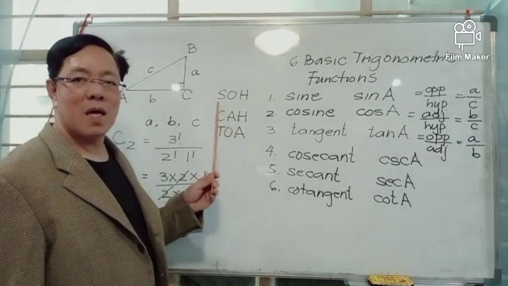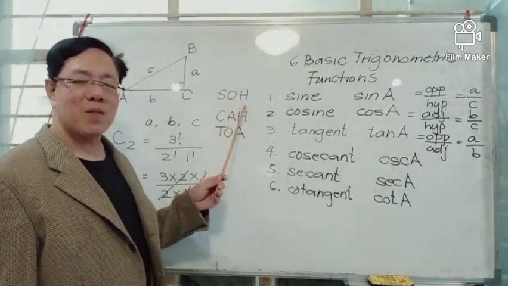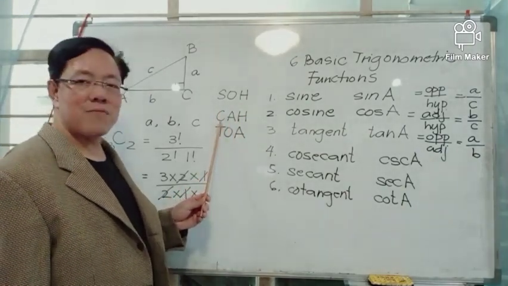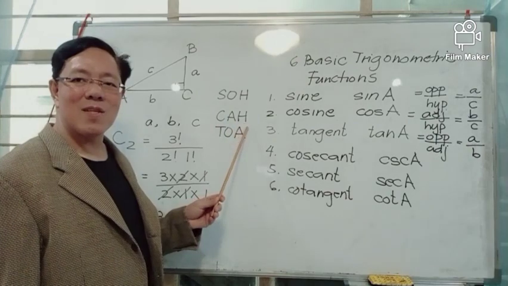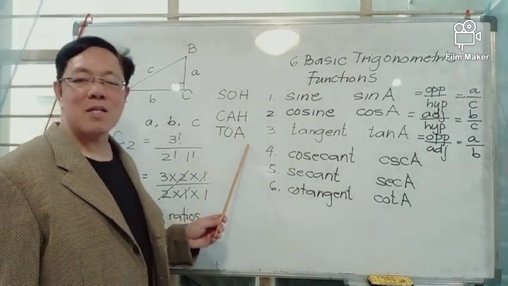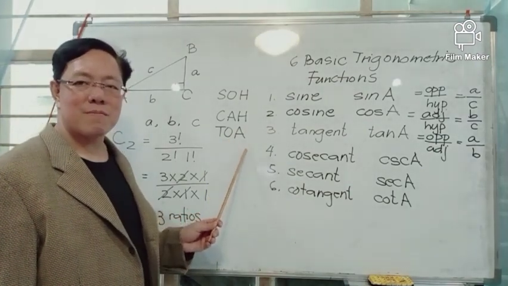Where in SO, S is for sine, defined as the ratio of the opposite to the hypotenuse. KA is the cosine, defined as the ratio of the adjacent to the hypotenuse. And TOA is the tangent, defined as the ratio of the opposite to the adjacent.